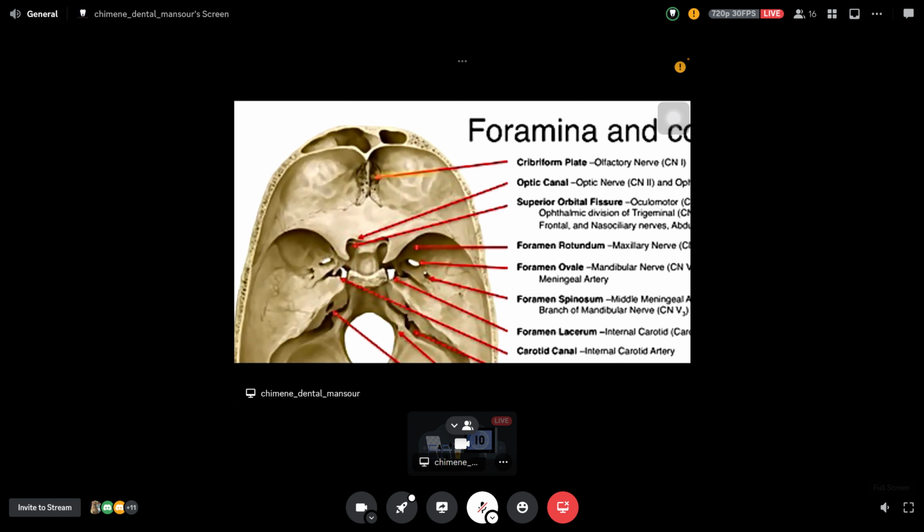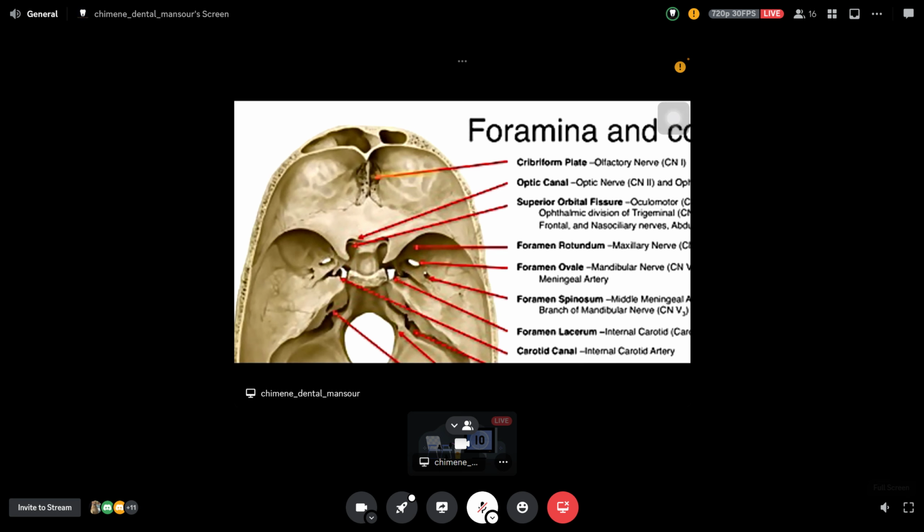Let me check also the mandible. I don't think the professor is going to talk about that much, but as a quick recap, let's talk about the articulation, the temporomandibular joint. Here you can see you have a notch, the mandibular notch.